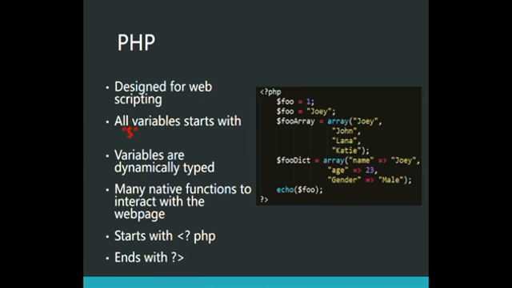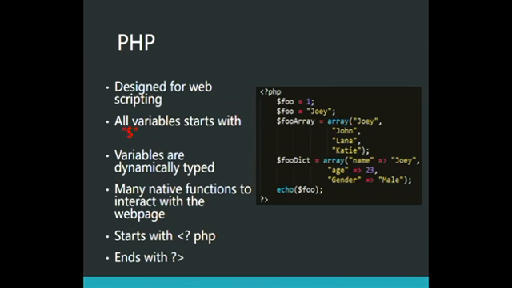And any PHP script starts with <?php and ends with ?>. Here I have a variable foo, which is initially 1, then it's set to Joey. So you don't need to write var. You don't need to even declare them in PHP, I think.